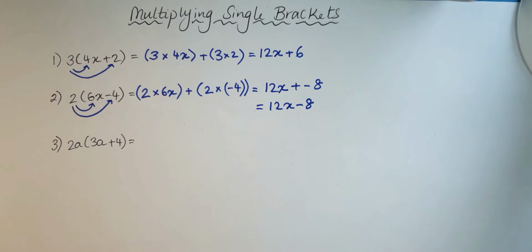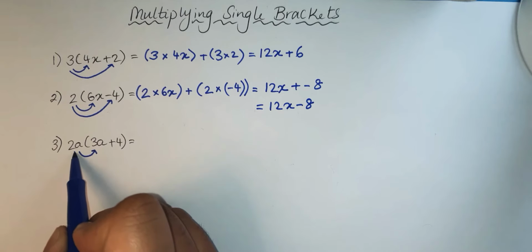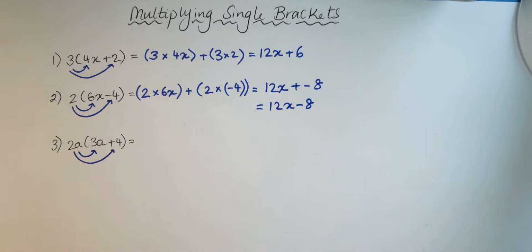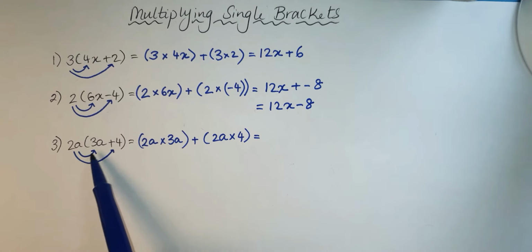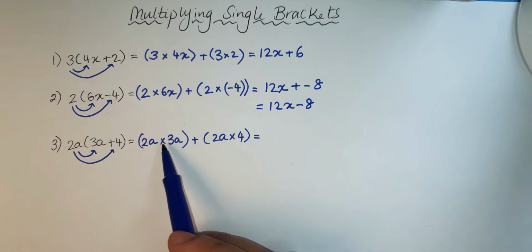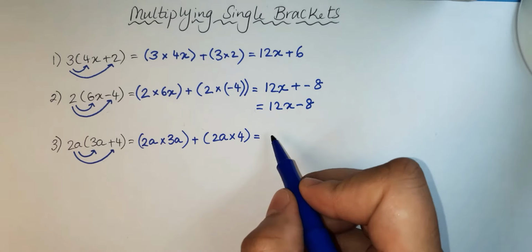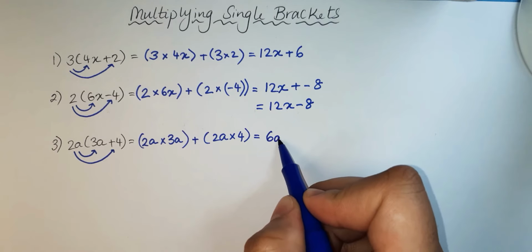So this process is exactly the same. So 2a times 3a plus 2a times by 4. So I've just written out the multiplication that we need to do, and we can see that 2a times 3a, when we multiply them together, 2 times 3 is 6, and a multiplied by a is just a squared.